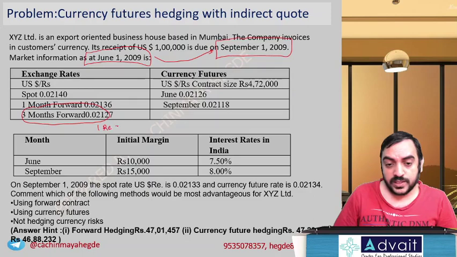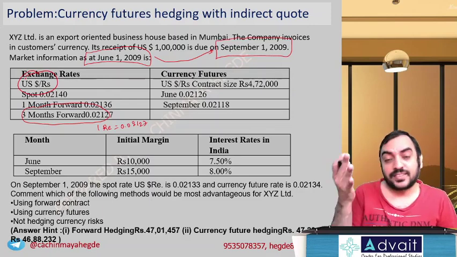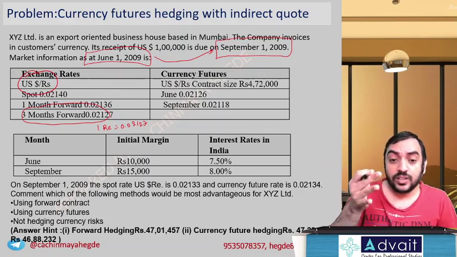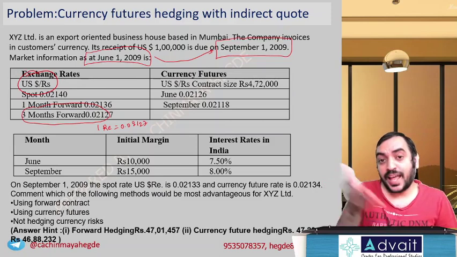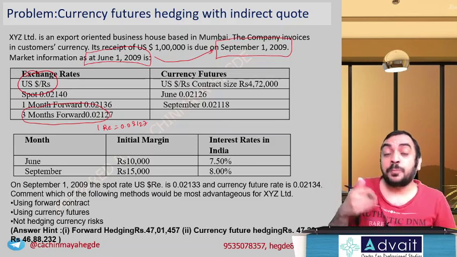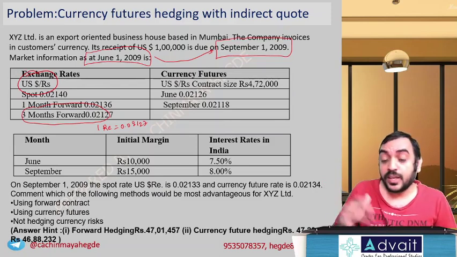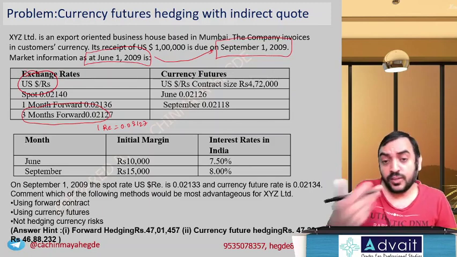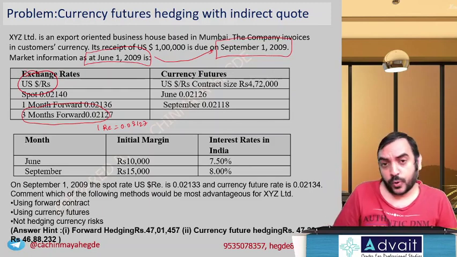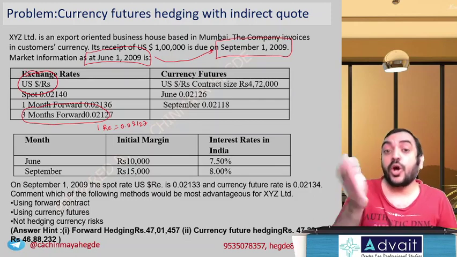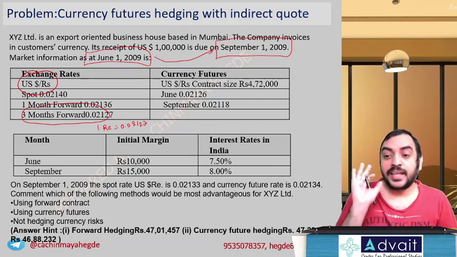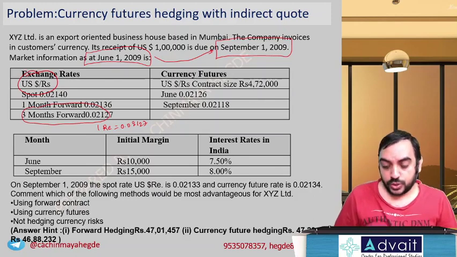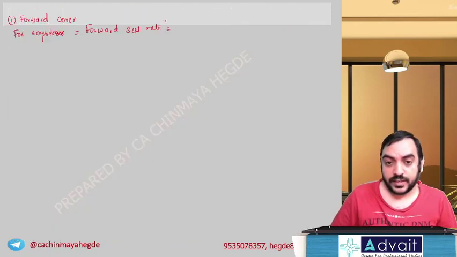It is 1 rupee equals 0.02127. Therefore, for dollar/rupees, we can understand it is 1 rupee equal to so many dollars. So the slash here we can interpret as per rupee, but not every time. Don't always read the slash as per 1 rupee. In this case, it happened to work.